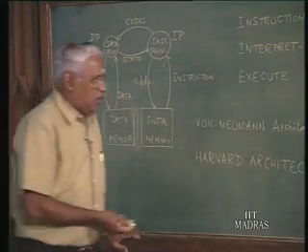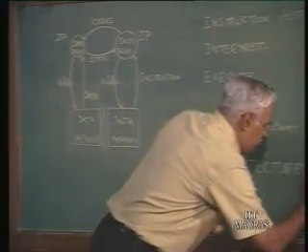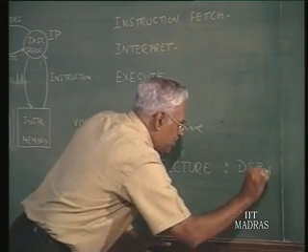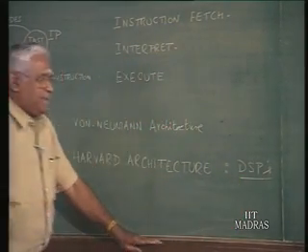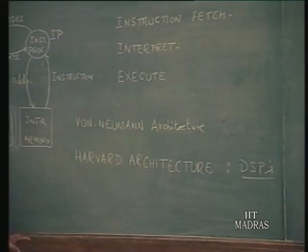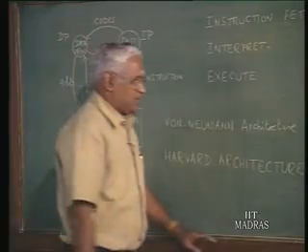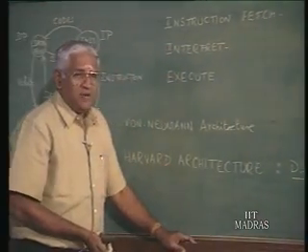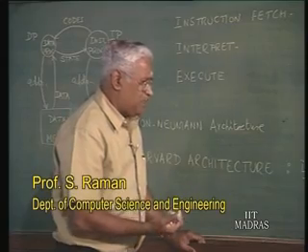In fact, Harvard architecture is essentially followed in DSPs, that is digital signal processing chips, because there is a huge amount of computation to be carried out in the case of digital signal processing. Sometimes the data may be less, but the amount of processing is enormous.